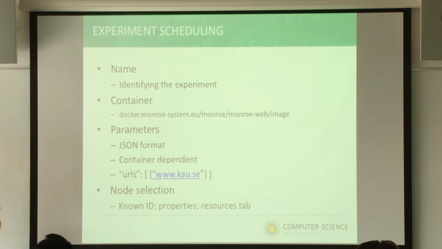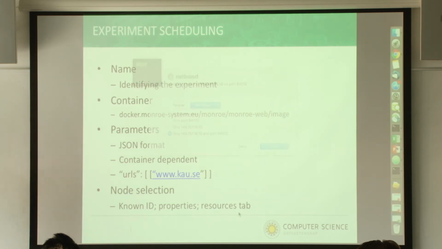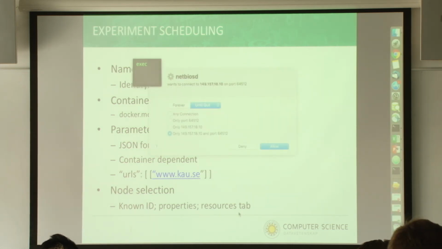And then you need to choose which nodes you want to run this on. For your lab session, each group will have a defined node that you will run on, but there are some other properties that you can choose, and we'll also look at the live interface and how you can choose that.